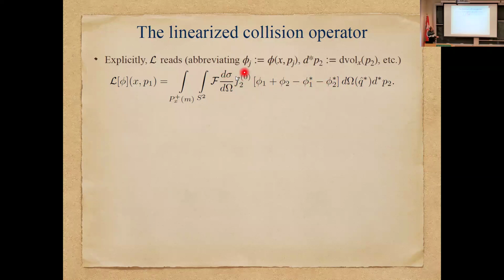Okay, and here's the Jüttner distribution function. Now, something you see here is that this phi1, this term depends only on p1, okay? But you don't integrate over p1 at all. So this term you can actually pull out of the integral, and then everything is known below the integral. So this first term gives rise to a multiplicative operator.